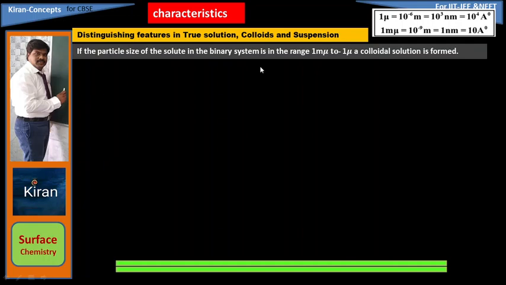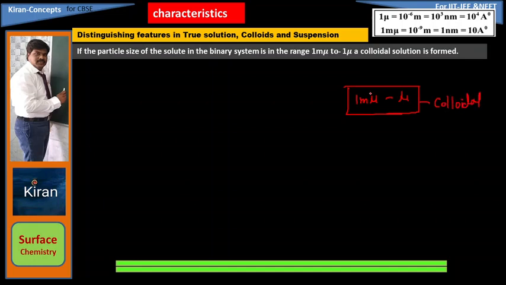When the particle size of the solute in the binary system is in the range of 1 millimicron to 1 micron, you will get a colloidal solution. A solution in which the solute particle size is between 1 millimicron and 1 micron is known as a colloidal solution.